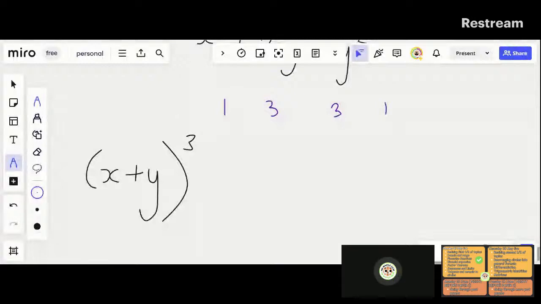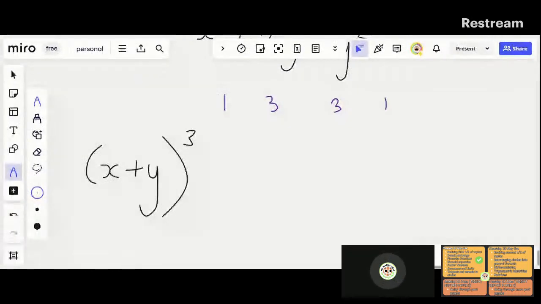Okay, so if we do (x + y) cubed, you're using, again, the numbers from Pascal's triangle as your coefficients: 1, 3, 3, 1. So you have 1, and then x to the power 3 and y to the power 0.